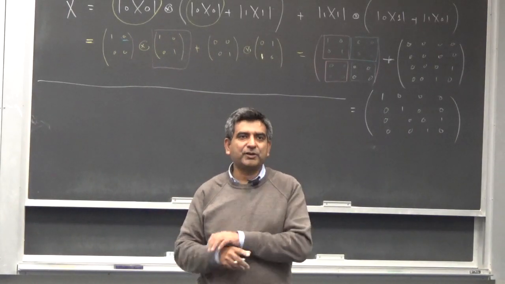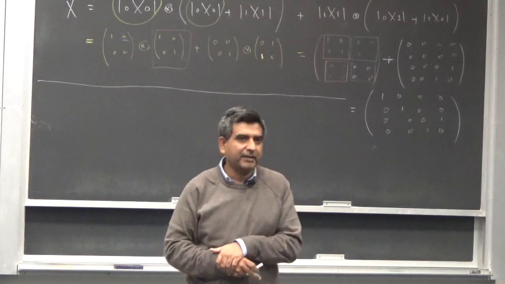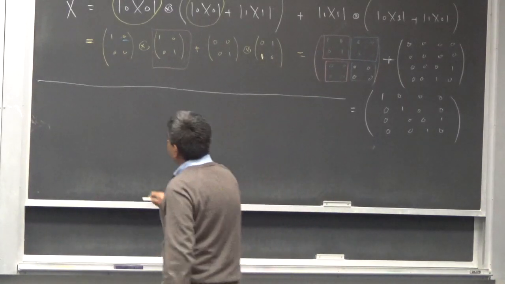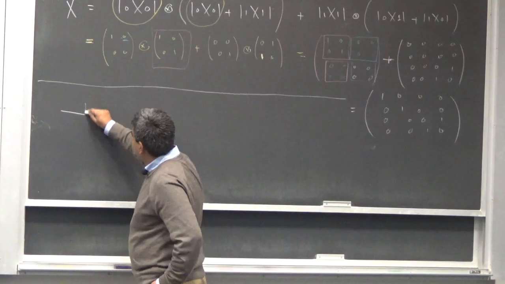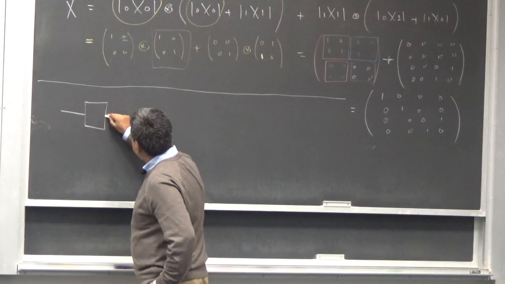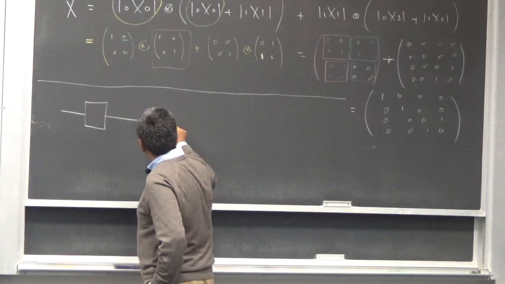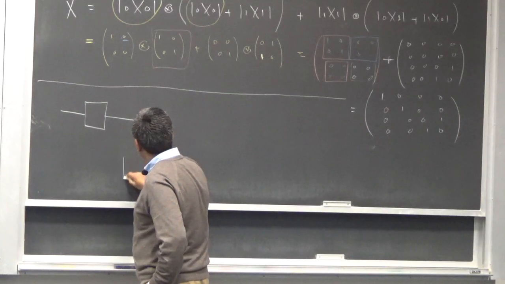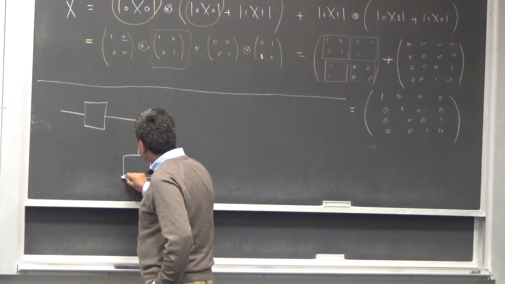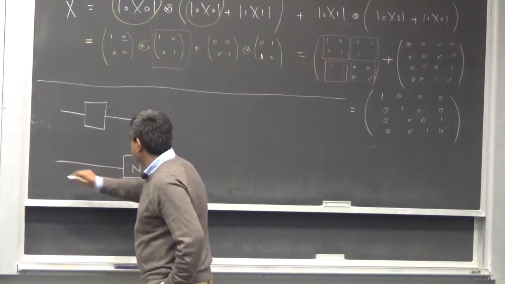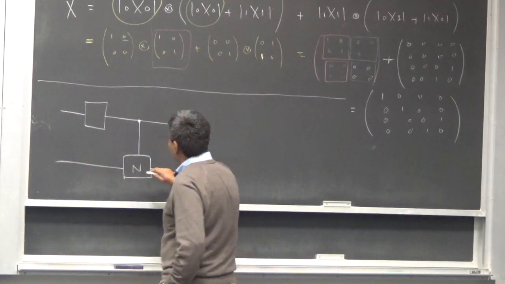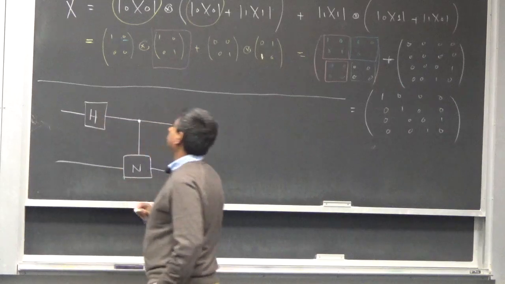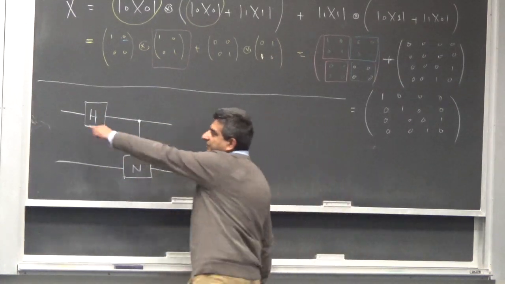So now what I would like to do is the following. I make a circuit. I extend this circuit to something more advanced. This is my first qubit line.